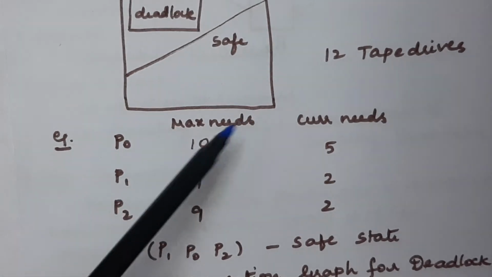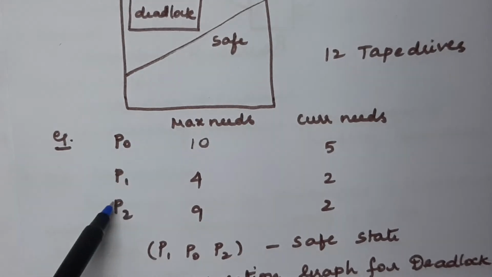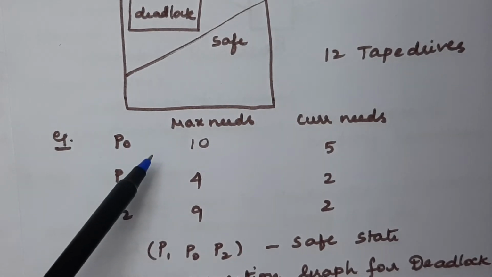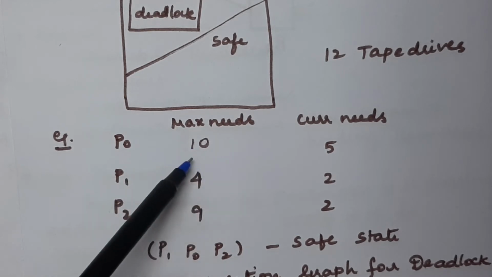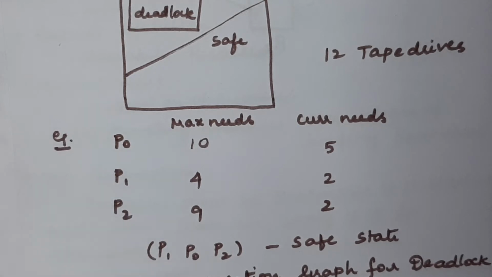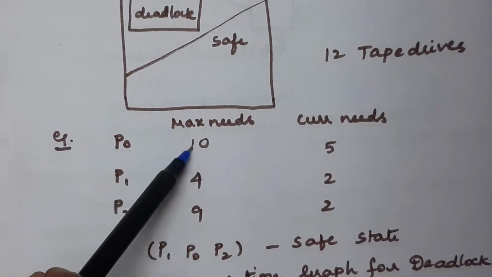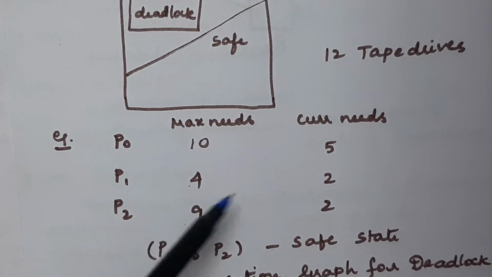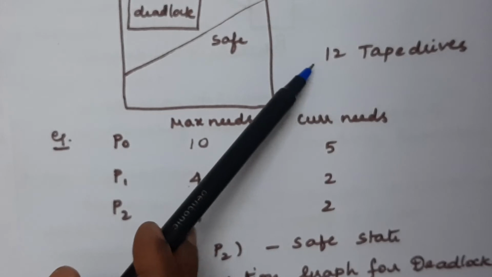Now, how are we allocating the resources to these processes? We should note the additional information, which is how many resources of the type each needs to complete its task. P0 needs 10 tape drives, P1 needs 4, and P2 needs 9, but we have only 12 tape drives in total.